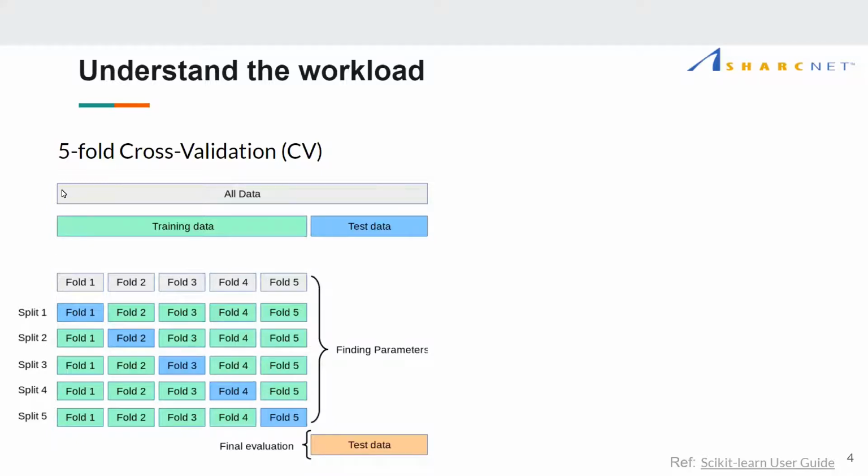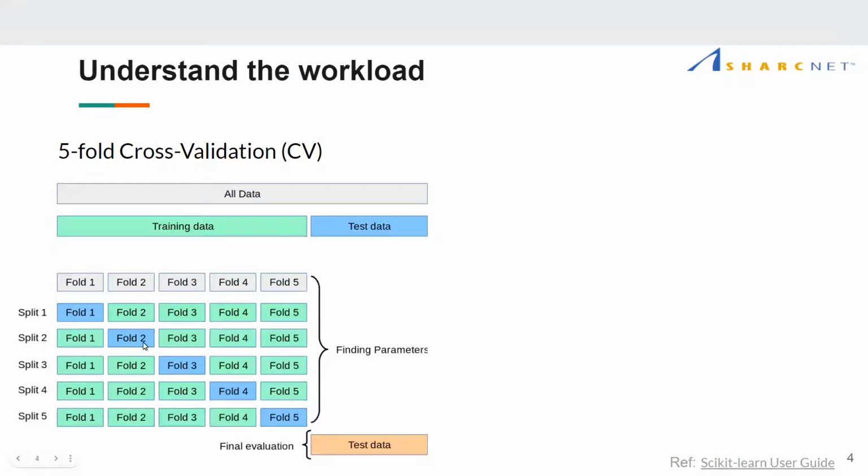So for each parameter combination, the fitting and the evaluation are done repeatedly 5 times for 5-fold cross-validation, okay?